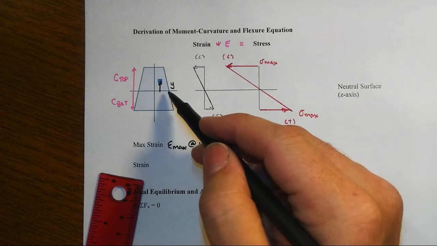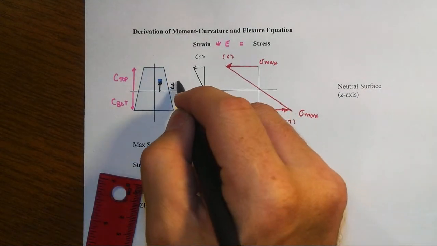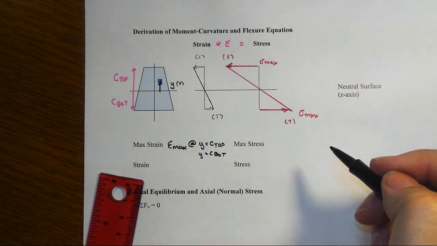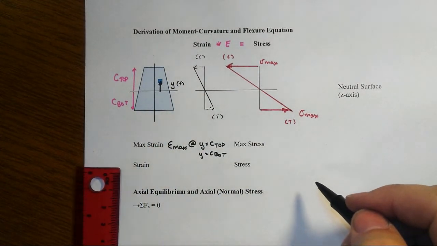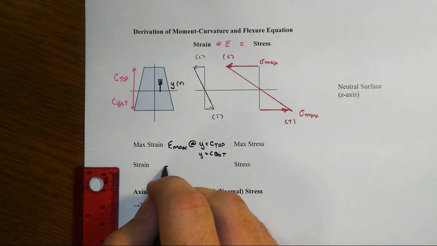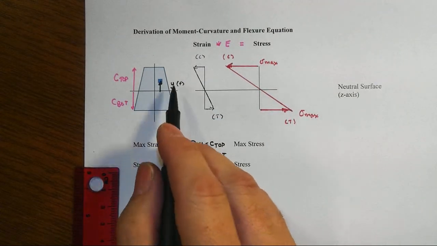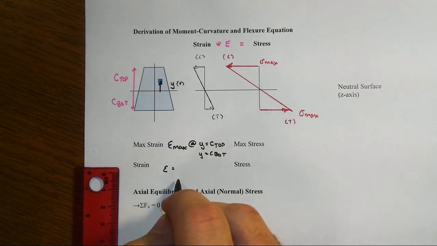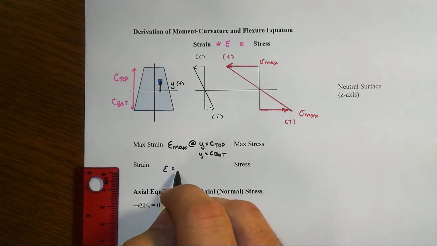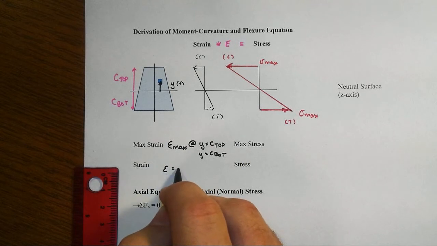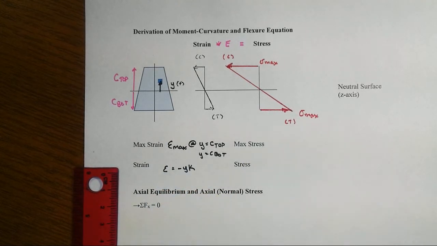Here, that point of interest is all the way up at the top, and so this is a positive value for y is going up. Right? Generally, then, our strain would be just a linear proportionality as we go along there, but also keep in mind that the strain is equal to minus y times the curvature.